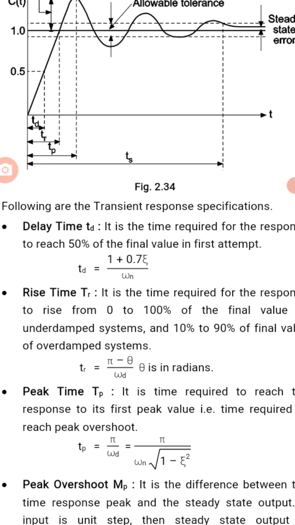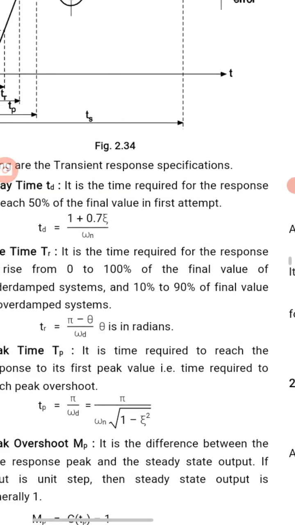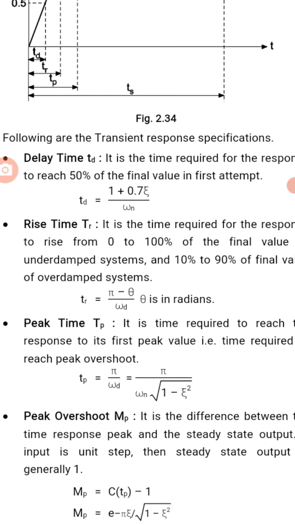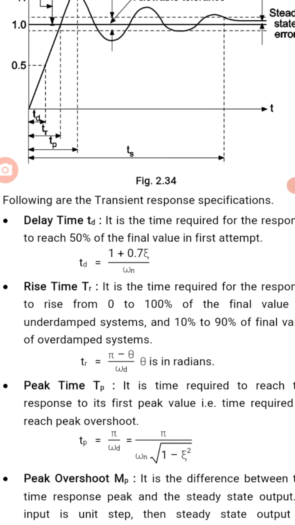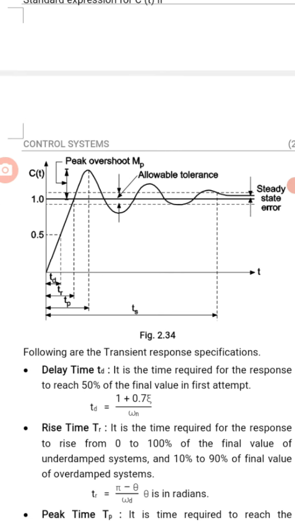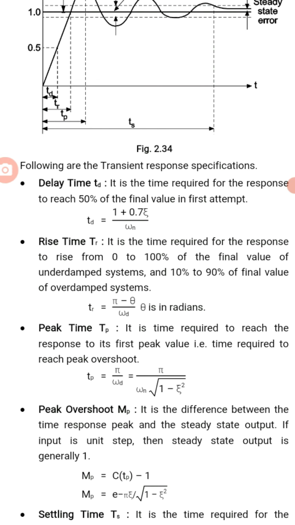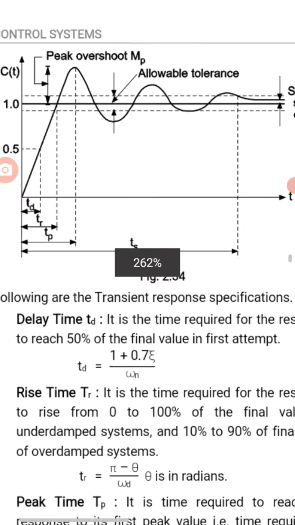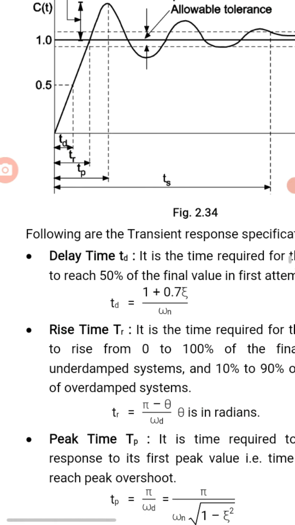Peak time is the time required for the response to reach its first peak value. Tp is the peak time, or first peak time. Tp = pi upon omega d = pi upon omega n square root of 1 minus zeta square. Only mug up this equation, that's all. Peak overshoot Mp is shown in the figure.